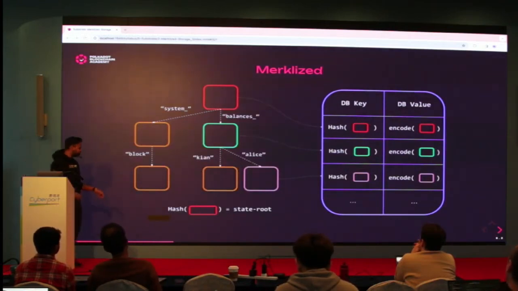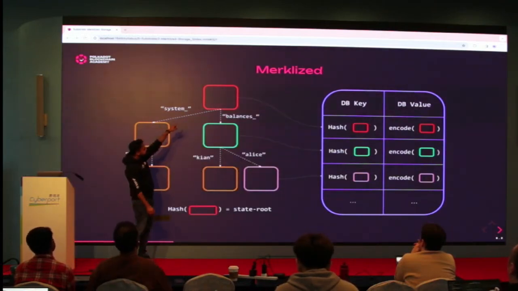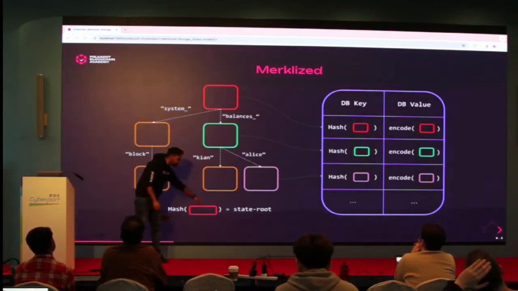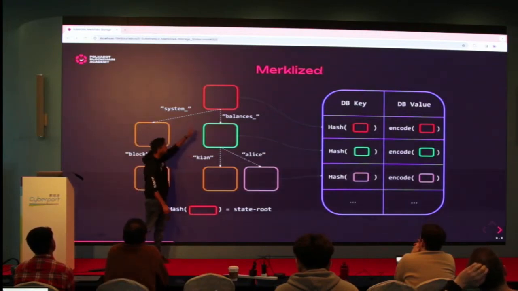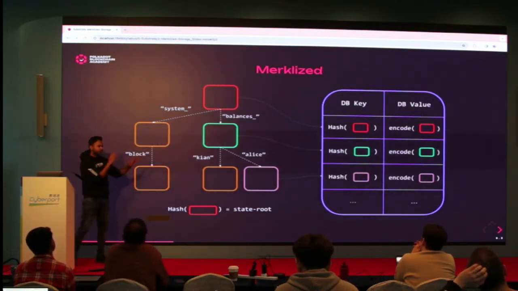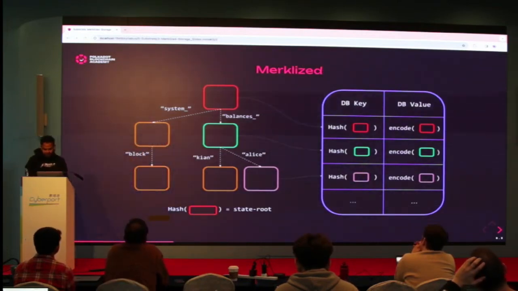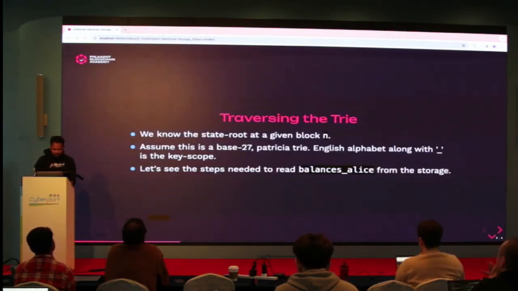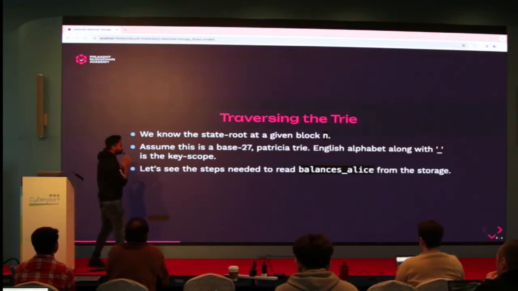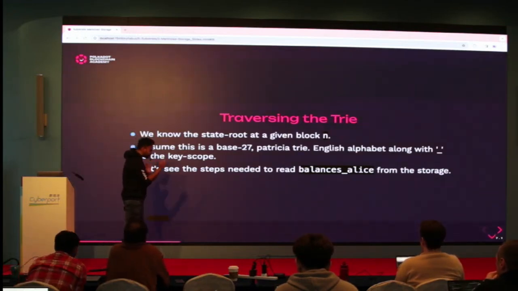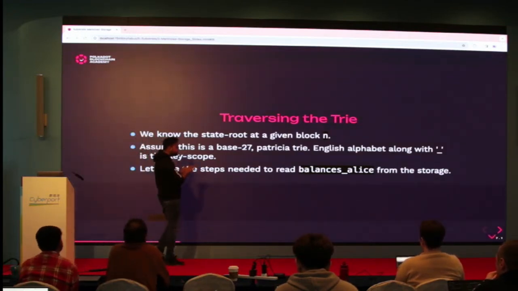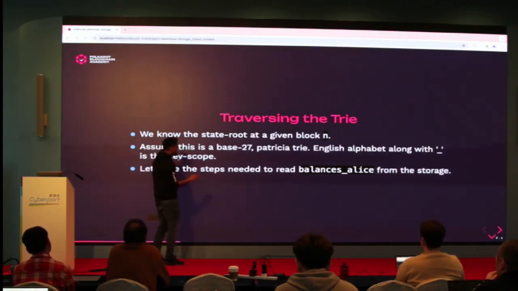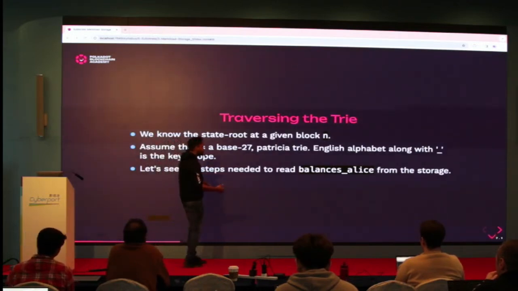I also wanted to show that the starting point is a state root, and we always keep track of it, and that's how we start walking our trie. But let's try to understand how it's stored in the database. To start off, let's make a few assumptions. Some are correct, some are not exactly how Substrate does it.